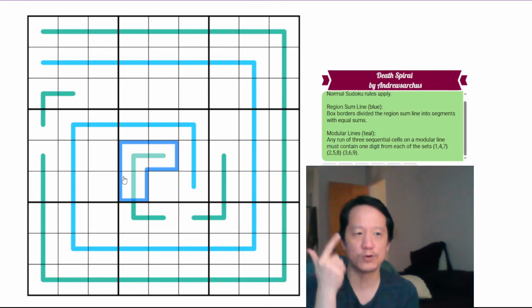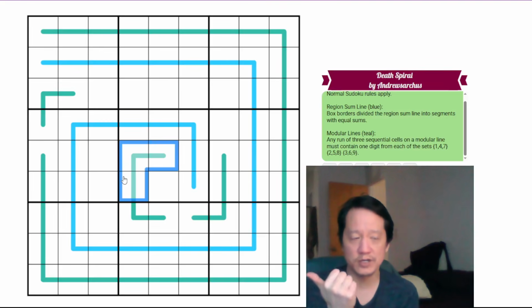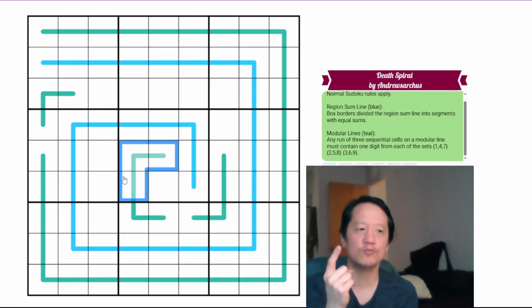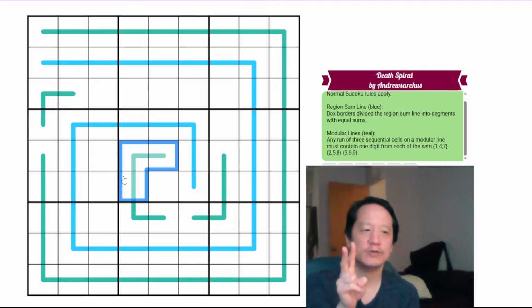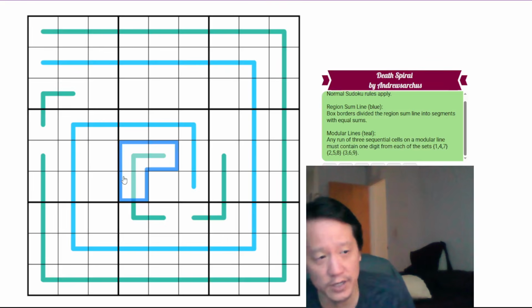So 1, 4, and 7 give you a remainder of 1. 2, 5, 8 give you a remainder of 2. And 3, 6, 9 give you a remainder of 0, which is why it's called a modular line.